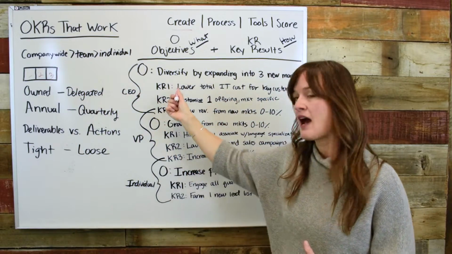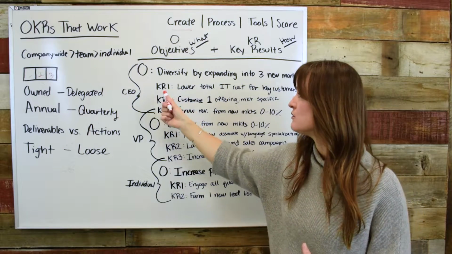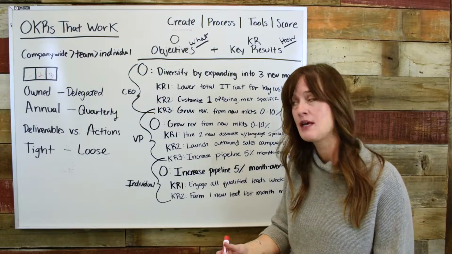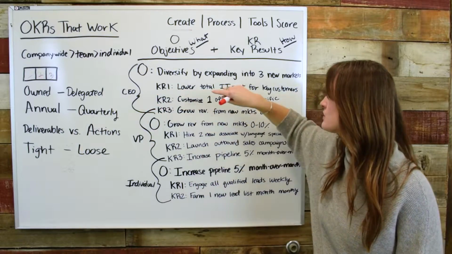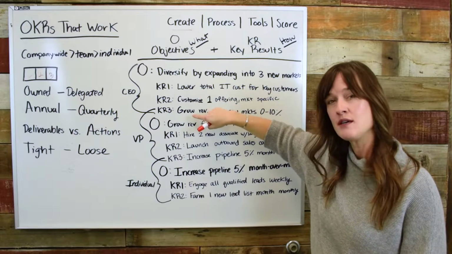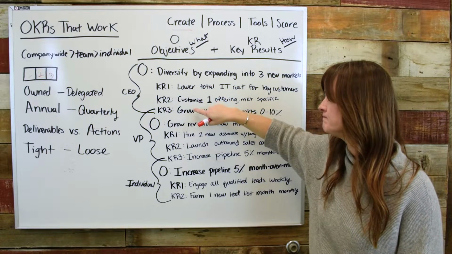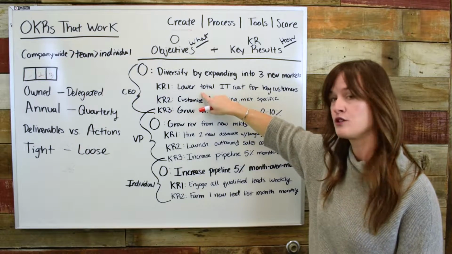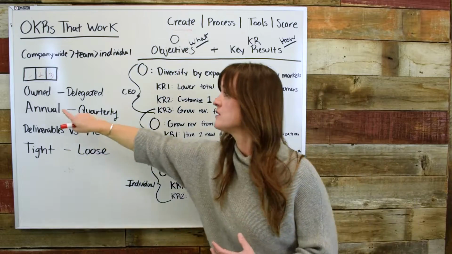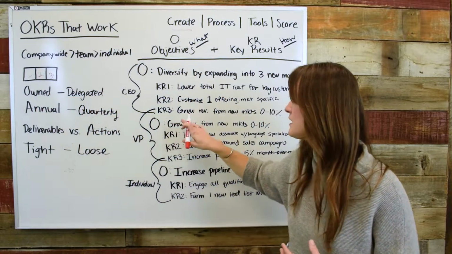So let's break this apart just a little bit. You need to decide with your KRs if you're going to own them or you're going to delegate them, or maybe both. In this case, the CEO's objective is to diversify into 3 new markets. There are 3 key results to achieve that outcome. Two of them, lowering total IT costs and customizing one offering, the CEO is going to continue to own.